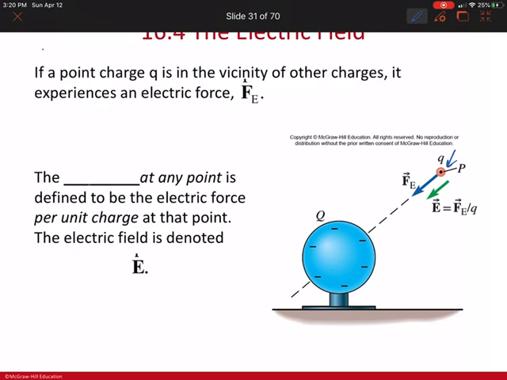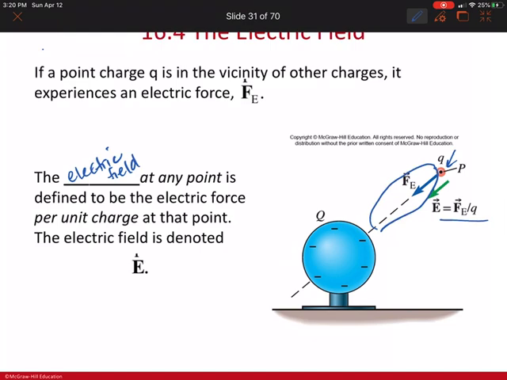So we could say that the electric field at any point is defined to be the electric force per unit charge. Okay, so you can find the electric field if you have the force and what the charge is.